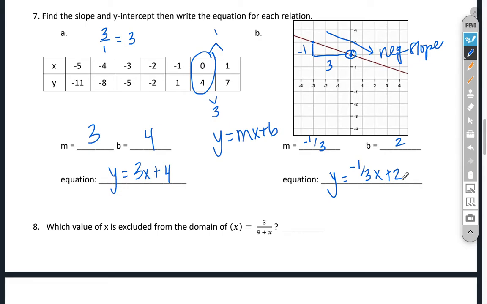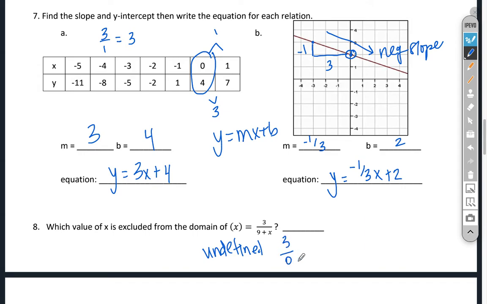All right, and 8 says, which value of x is excluded from the domain of y equals 3 over 9 plus x? Well, this is just asking us what value of x won't work. And we know it won't work if it makes it undefined. And undefined, if we remember, hopefully we do, could be a fraction with 0 on the bottom, because we cannot divide by 0.